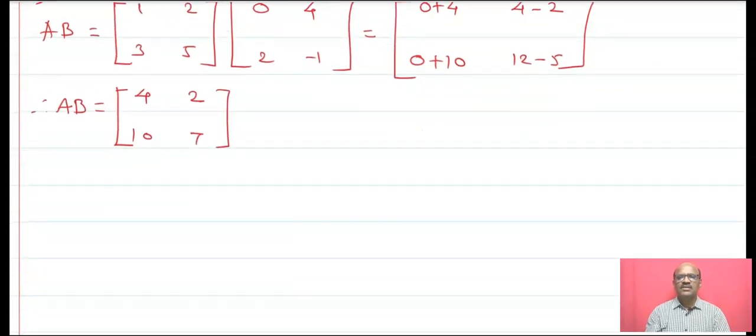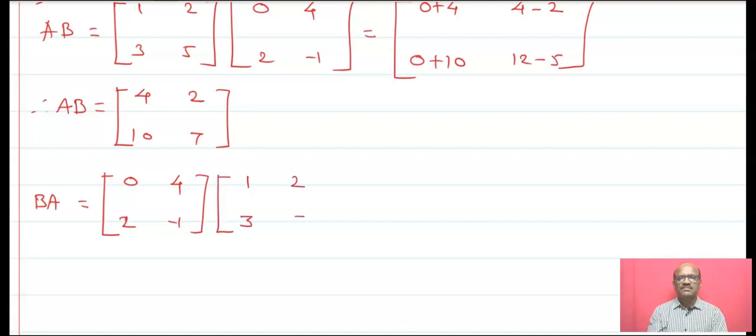This is the normal terms are there. Now perform the BA. First row, first column, first row, second column, second row, first column, and second row, second column.